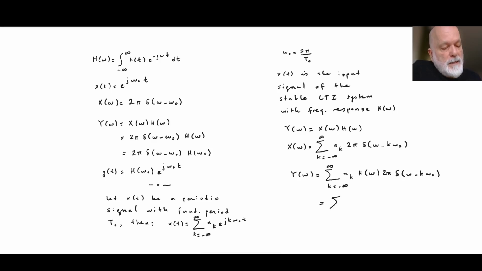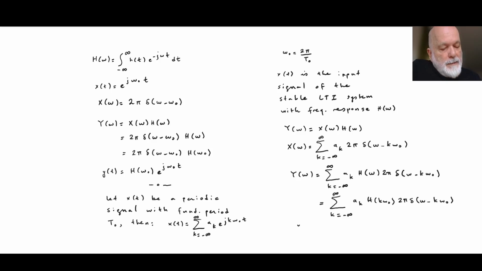So this becomes the sum over k from minus infinity to plus infinity of a k H of k omega 0 2 pi delta of omega minus k omega 0.